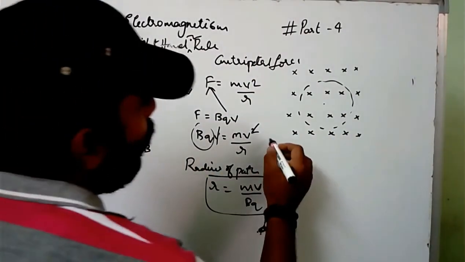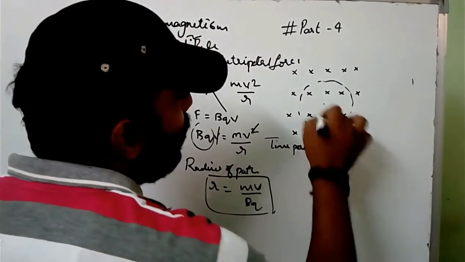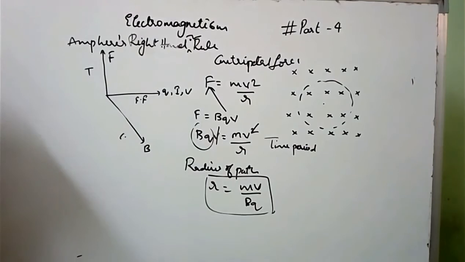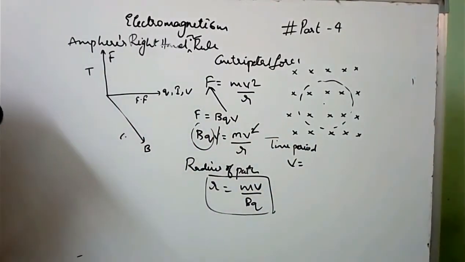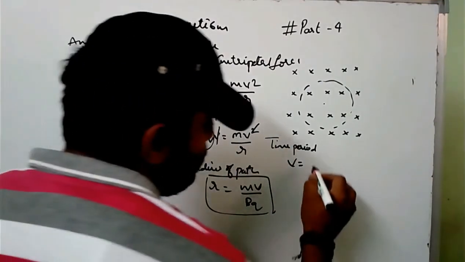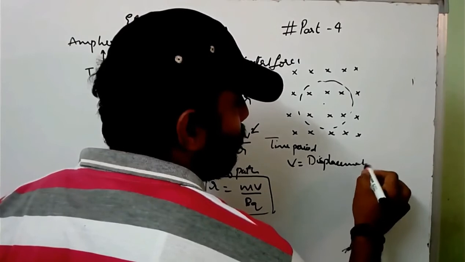Now next, what is the time period, the time taken for the path to complete the revolution? The basic definition for velocity: v is equal to displacement by time.